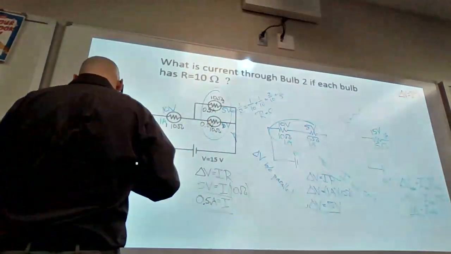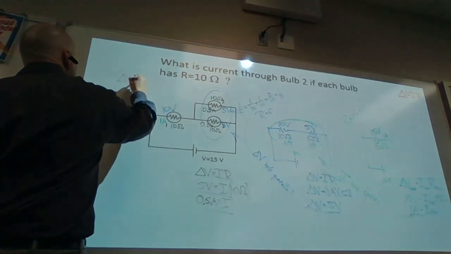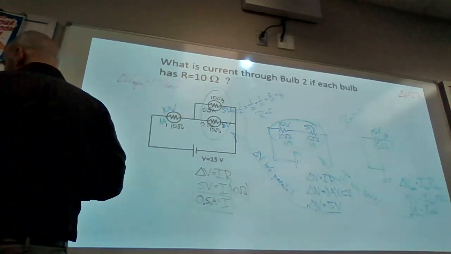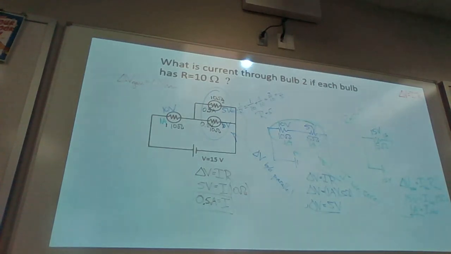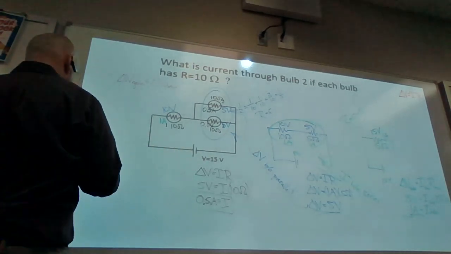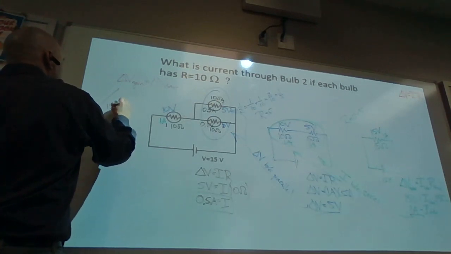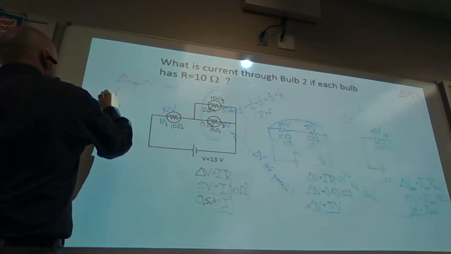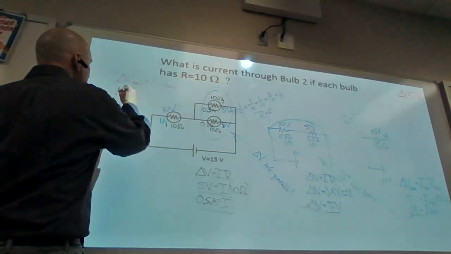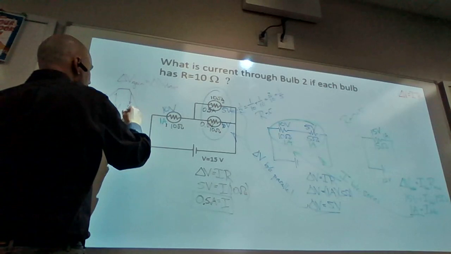So Kirchhoff's loop rule says for a single loop, the voltage gain equals the voltage drop for a loop. Okay? So I'm going to start here. I got a voltage gain of 15 volts. This is my chutes and ladders. So I have a 15 volt gain climbing up a ladder. And then here I have a 10 volt drop, so a slide.